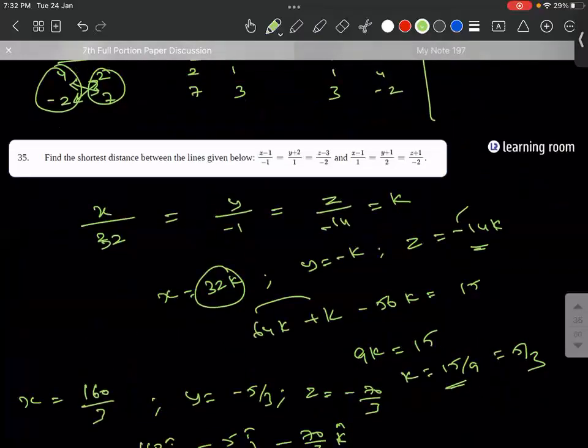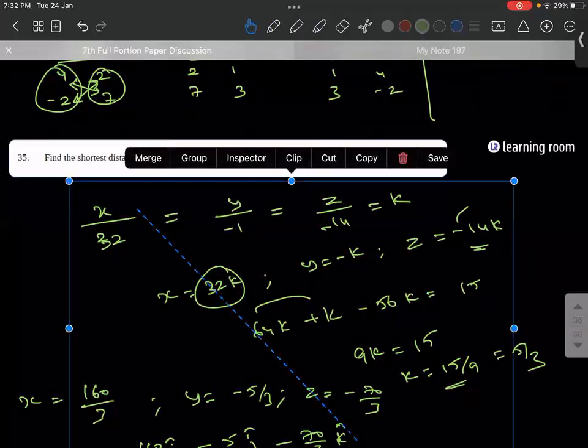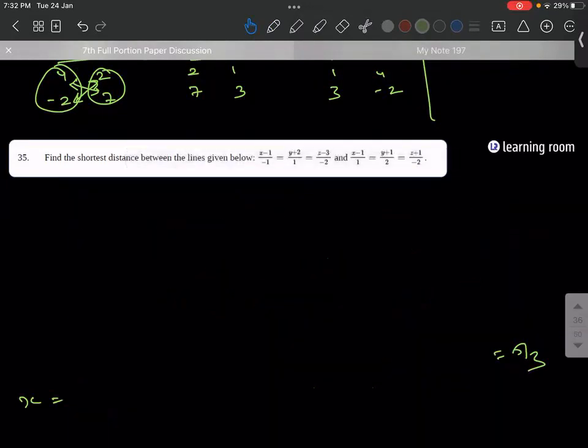So what about the 35th one? Find the shortest distance between the given lines. So what is going to be the formula?